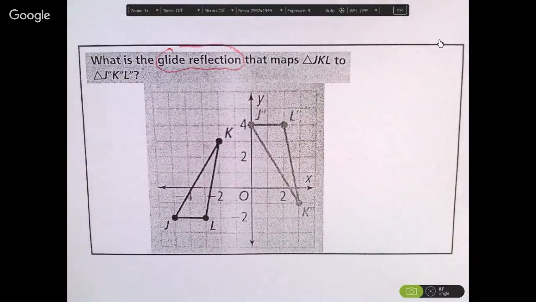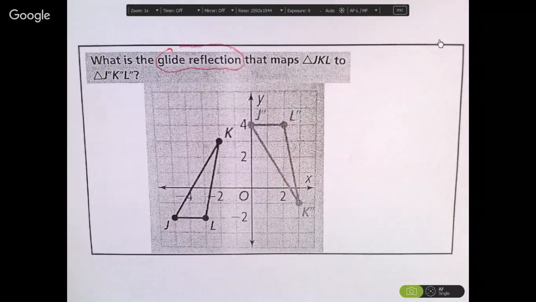All right, so let me say this about glide reflections. And I might be confusing, but I think the glide reflection implies that there's going to be a reflection in there. And then what would you imagine the glide being? It's not rotation. Translation.